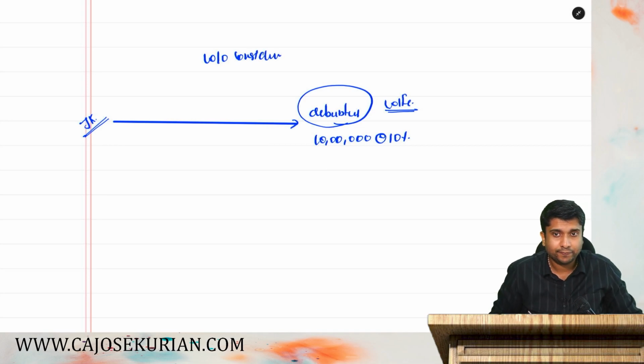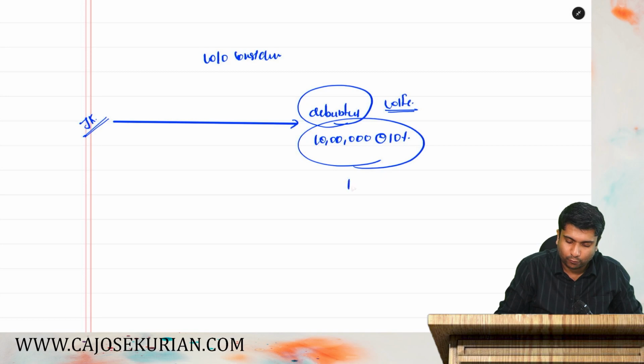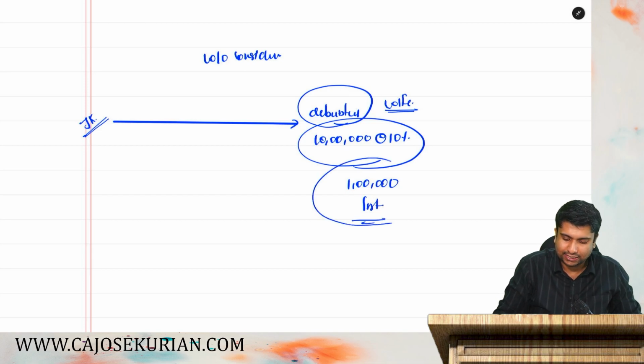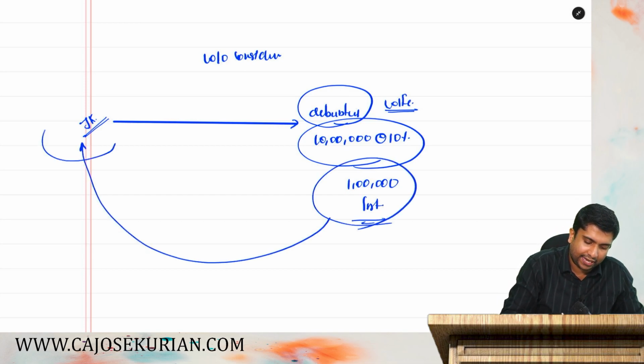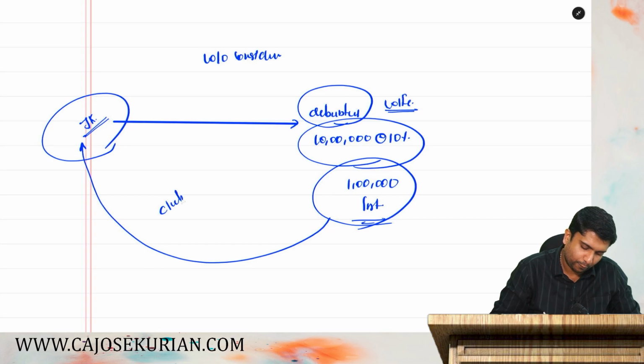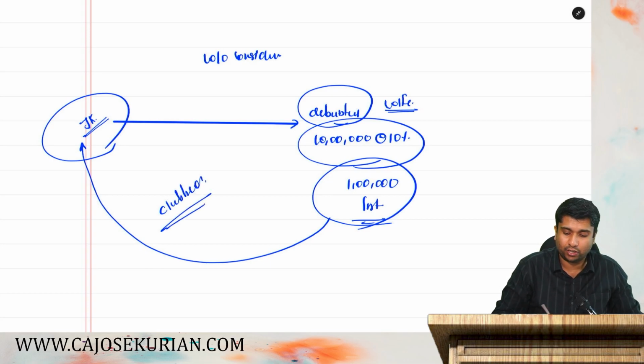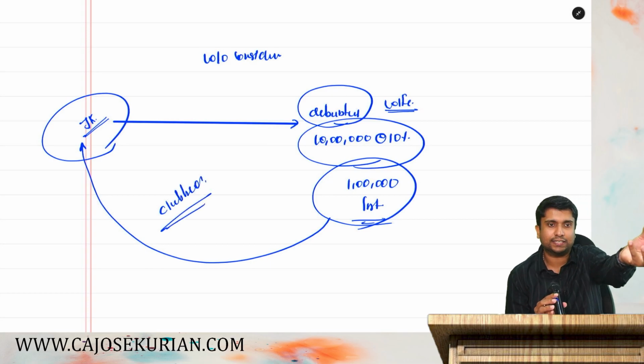Are you with me? Every year my wife will get 1 lakh rupees as interest. This 1 lakh rupees has to be clubbed in my hands, because it is an income from a transferred asset without consideration.